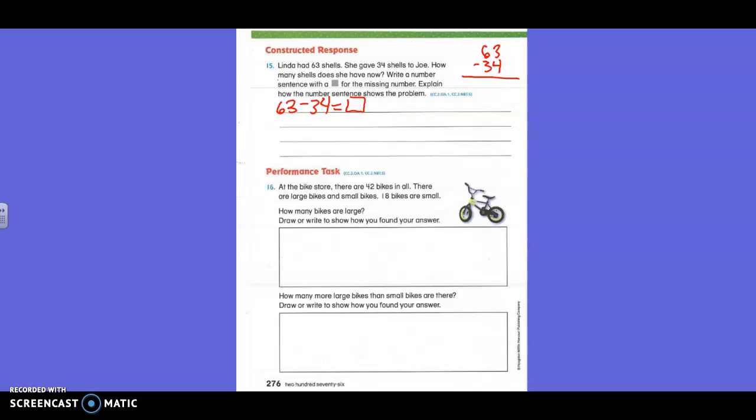before we really find the answer, it says to explain how the number sentence shows the problem. Why do we put 63, guys? Chase? Okay, but why did we put 63, Ivan? Okay, it's the bigger number, so the bigger number needs to go first, but why did we put 63?